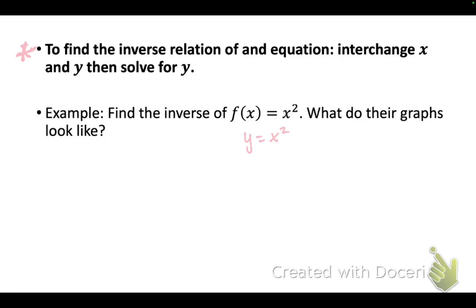How do I find an inverse? What's it tell you? Interchange x and y and solve for y. So this y becomes an x, and this x becomes a y. So I have x equals y squared.